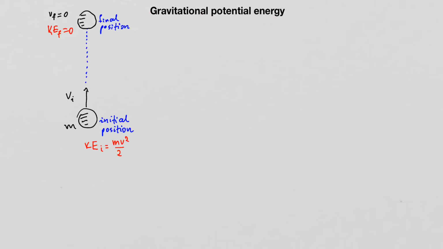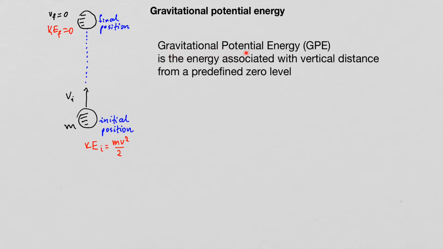So now let's discuss what gravitational potential energy is. Gravitational potential energy, or GPE, is the energy associated with vertical distance from a predefined 0 level.